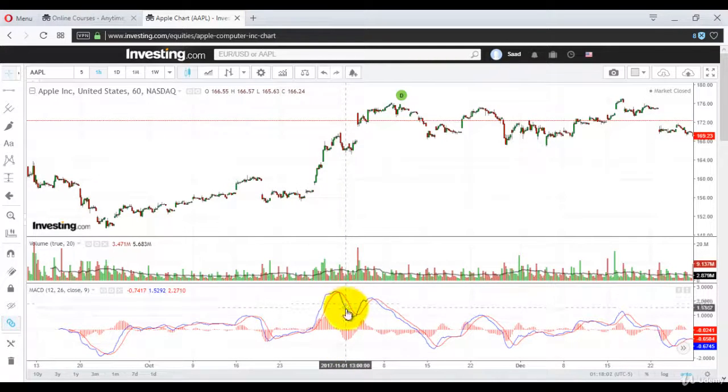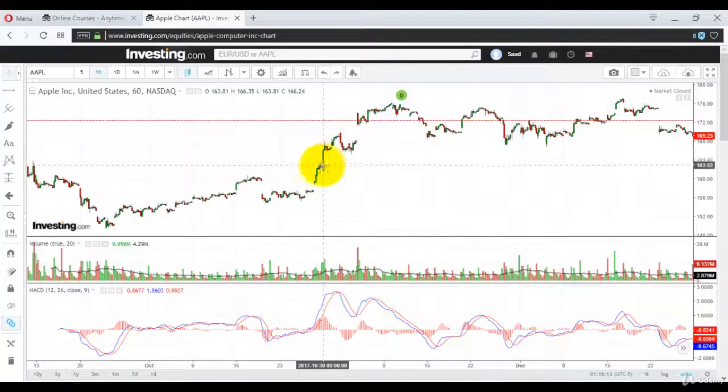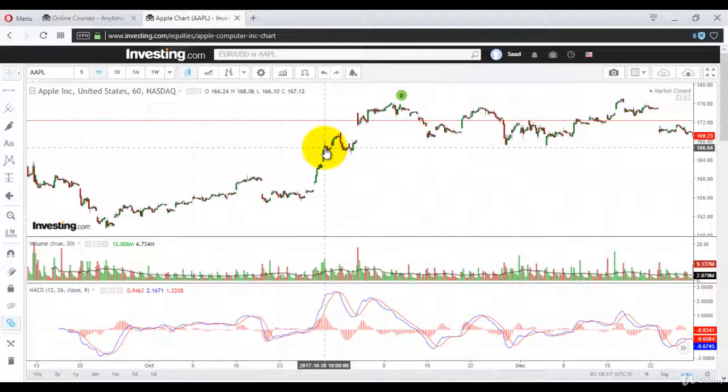The same way, whenever the gap is higher, because these lines, as I discussed earlier, mean the gap between the blue and red line. Whenever the gap is far higher and the blue line is higher and the red line is far lower, then even the highest returns are made. Example right here, this hourly close was 163.05 and this hourly close was 168.06. So that's a $5 gain within 2 hours.